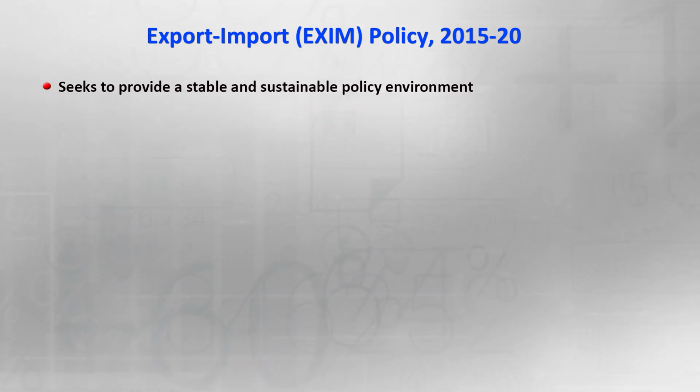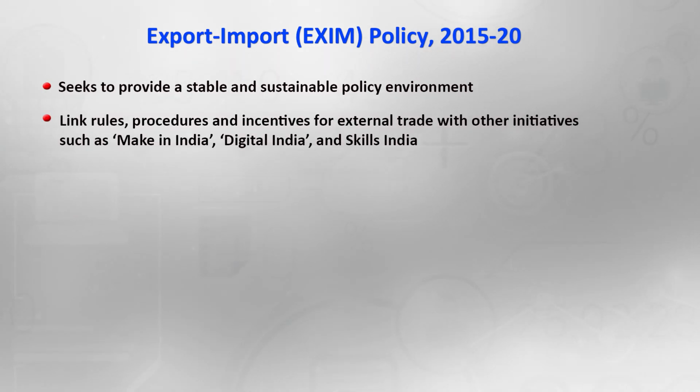And then the recent EXIM policy, that is 2015 to 2020, provides a stable and sustainable policy environment. That is the objective of that policy, and it links rules, procedures and incentives for external trade with other initiatives such as Make in India, Digital India and Skill India.